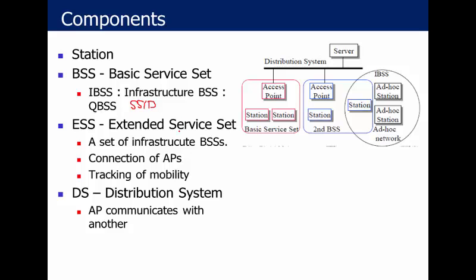And there is an extended service set. If we have, for example, access points, tracking mobility and distribution systems, what happens here is you have servers, say a web server, a database server. From there, through some LAN communication, you have distribution systems, and it reaches the access points.